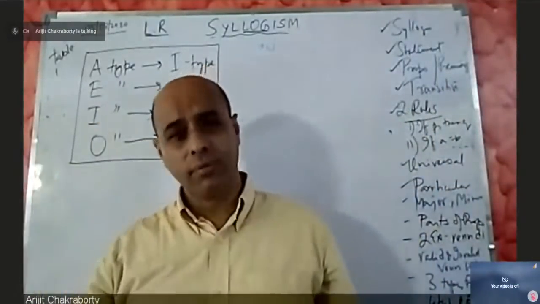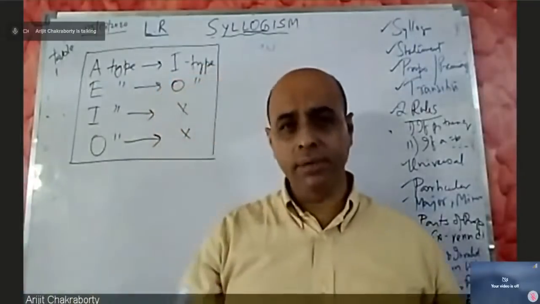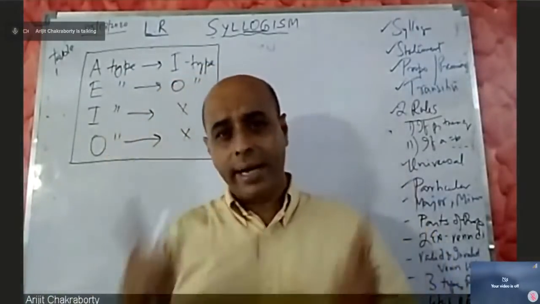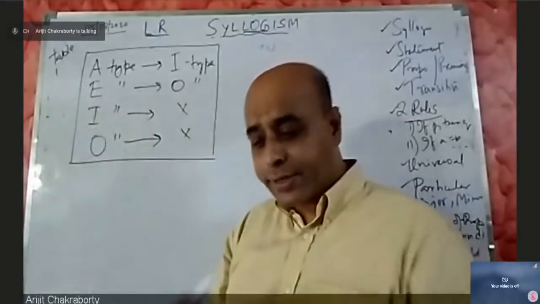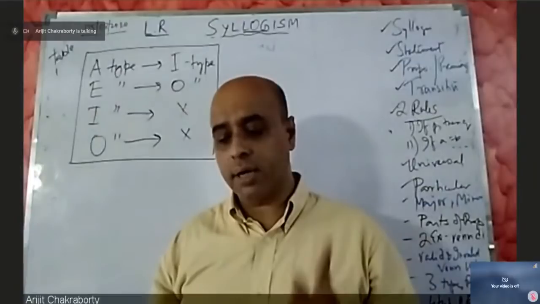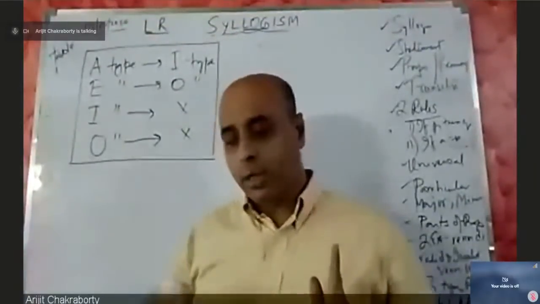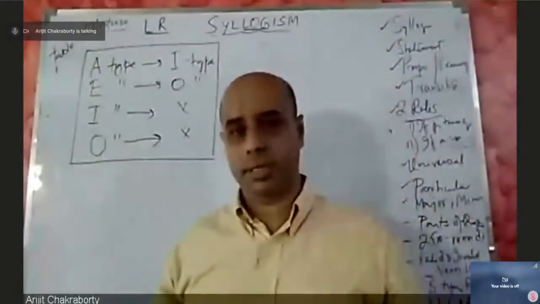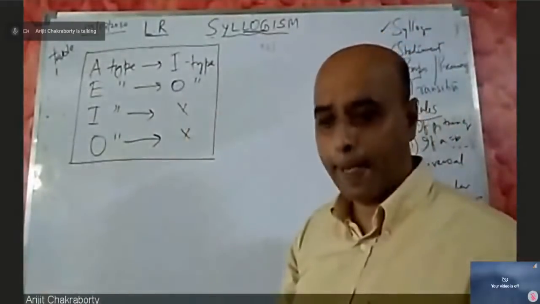Universal and positive is A. Universal and negative is E. It can be converted to O type. That means if I say no cars are buses, the conclusion will be some cars are not buses. It will become O type.